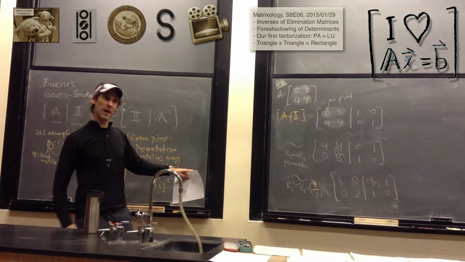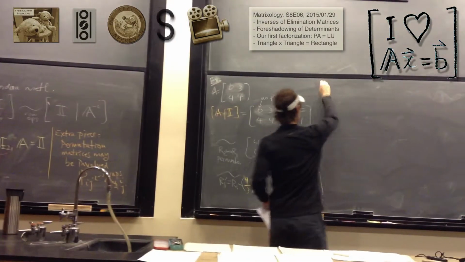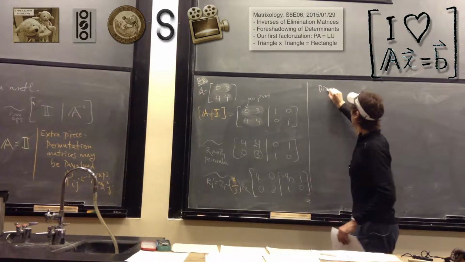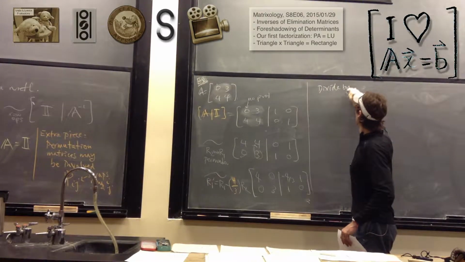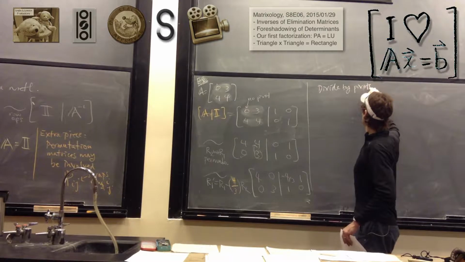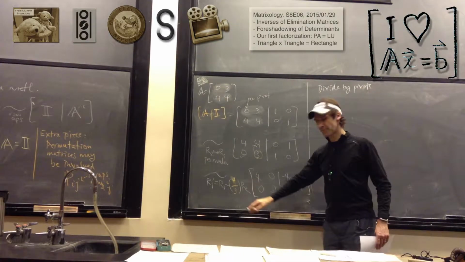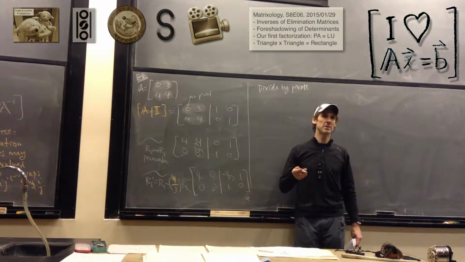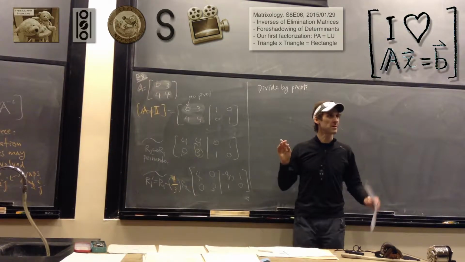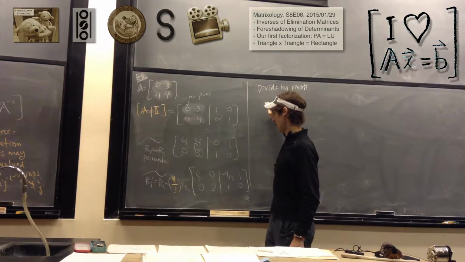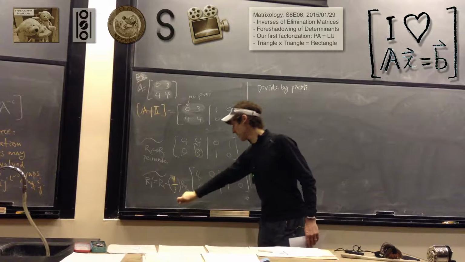Last step, divide through by the pivots. So this is just something we have to accommodate. When you use programs like MATLAB and so on, they do odd things, they like to permute in strange ways, but it's always a feature.